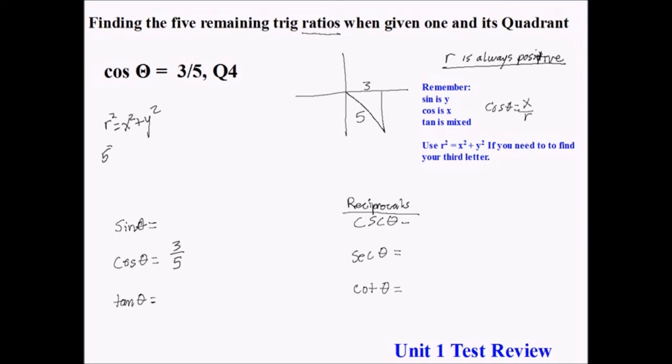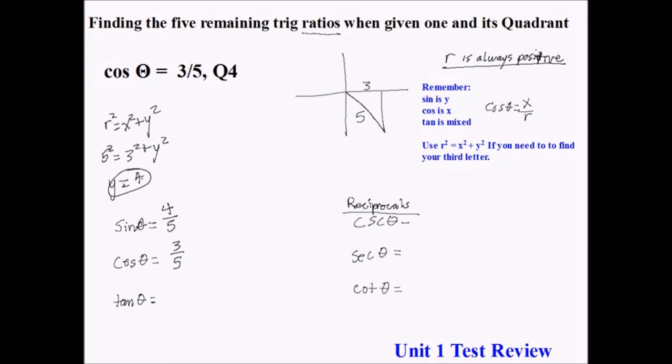So I have 5 squared equals 3 squared plus y squared. And when you do your calculations, this would be 25, this would be 9. Y happens to be 4. Okay, so y over r is going to be 4 over 5.